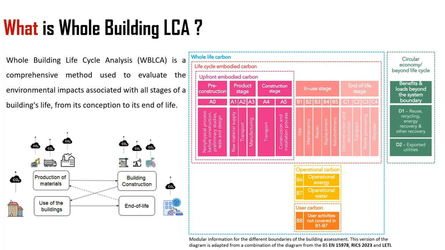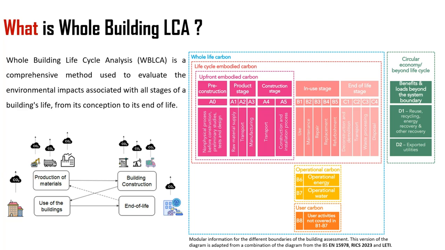So you can see that upfront embodied carbon plus B plus C together is called life cycle embodied carbon. So in that life cycle embodied carbon, it is completely, we can say, embodied carbon. So embodied carbon plus operational carbon, we have whole life carbon, the blue color dots, right?